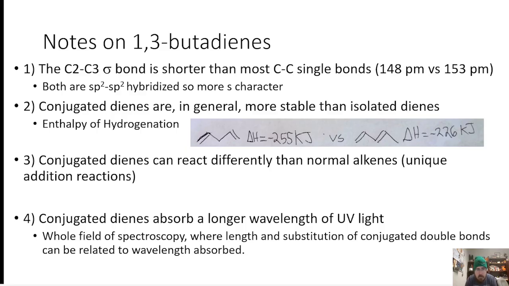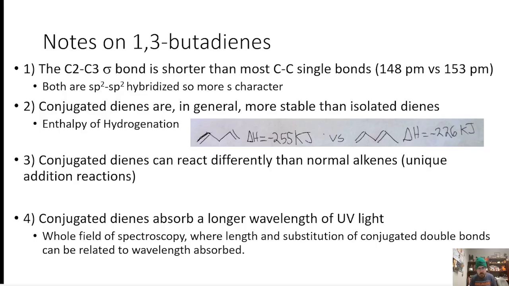And one of the other major things is that conjugated dienes can react differently than normal alkenes. While they will react in the same way as alkenes can react, they can also have additional reactions brought about by conjugation, especially conjugation in slow steps. Now, conjugated dienes will actually absorb a longer wavelength of ultraviolet light.